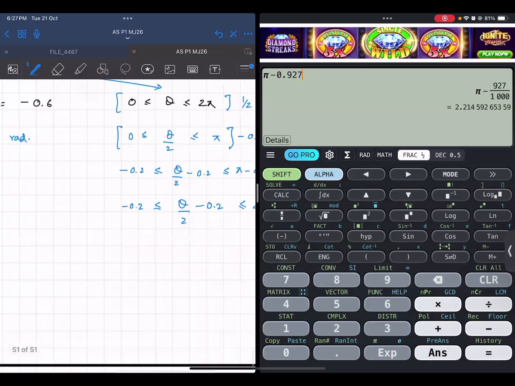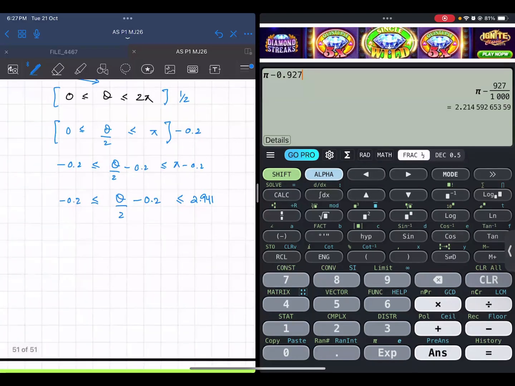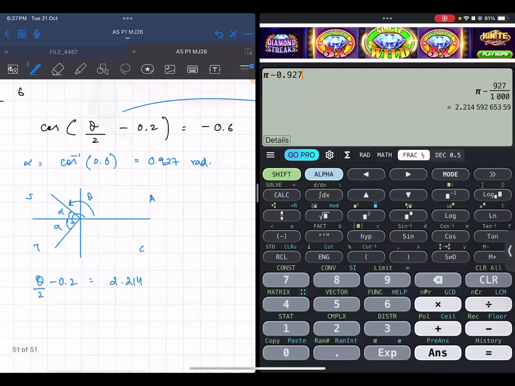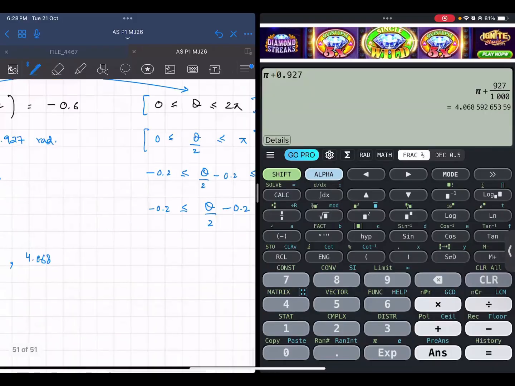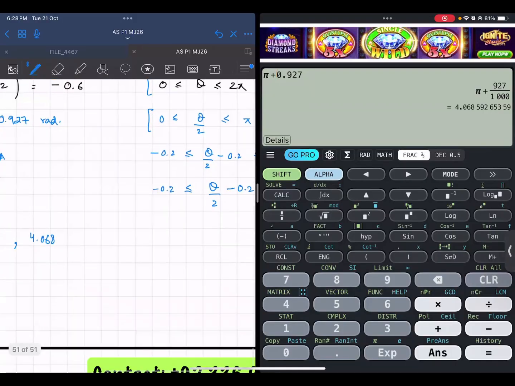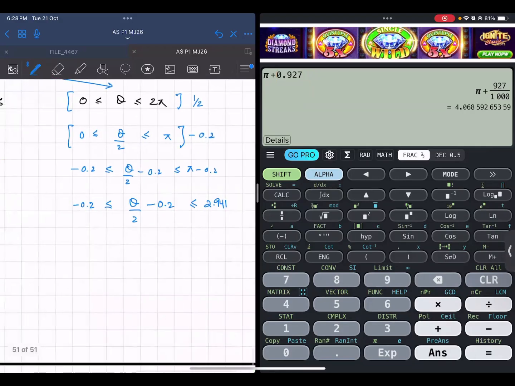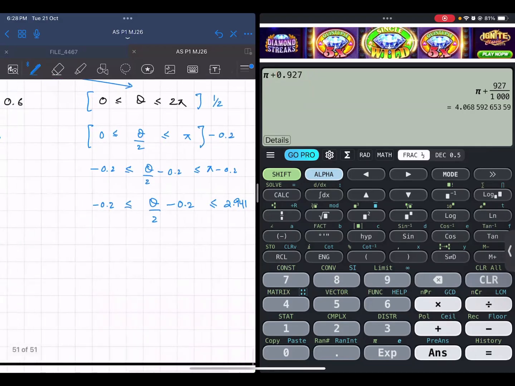2.214. Yes, this is within the range, 2.214. And then the next one is pi plus alpha, this is 4.068. But this is outside the range, look. The maximum I can go is 2.941. So this is outside the range, you will cancel it out. And it is in the negative direction as well, look.